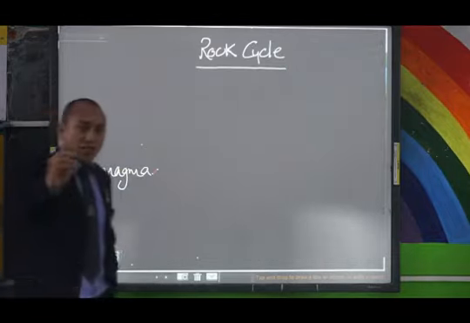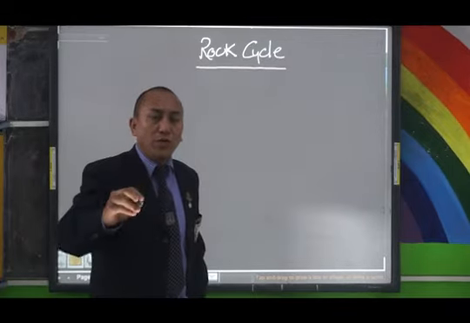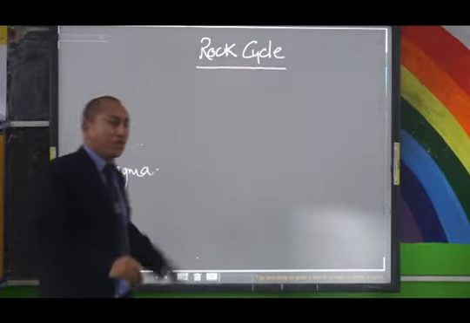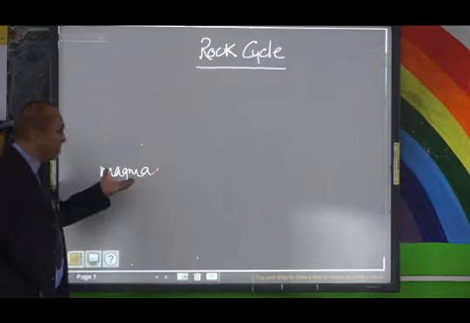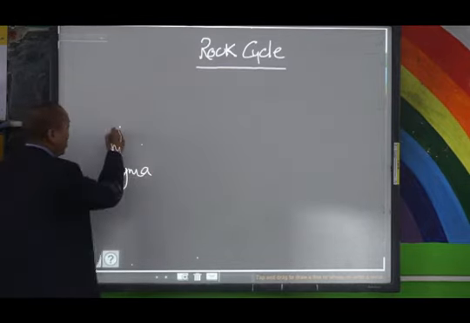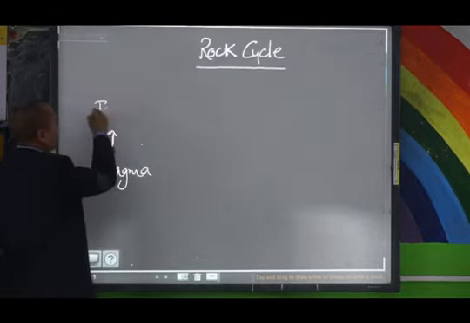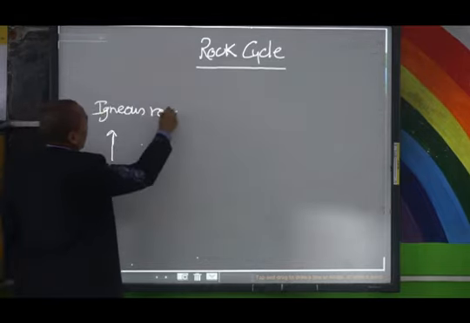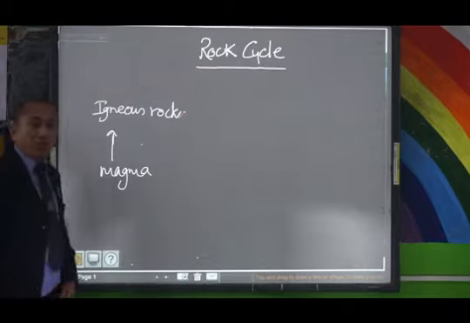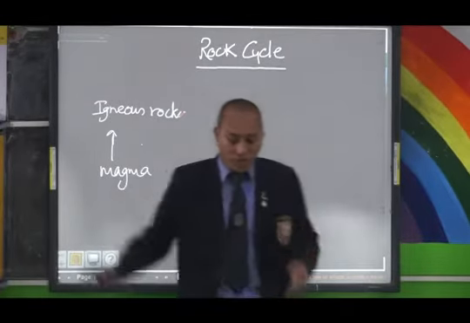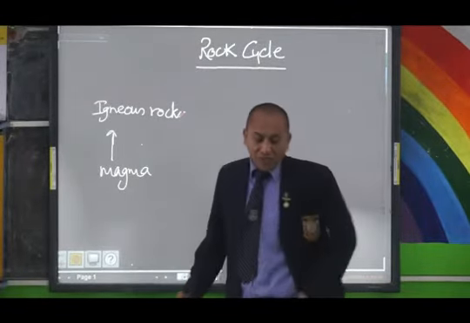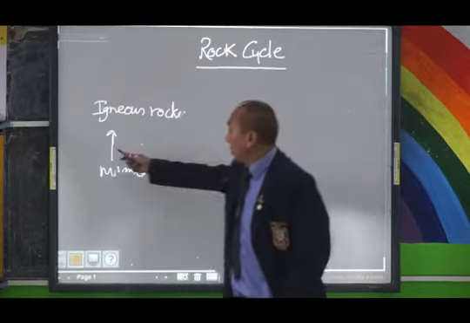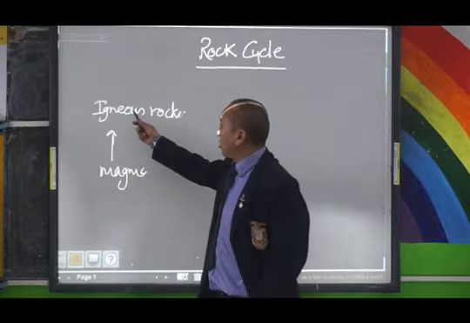Magma, I told you rocks are formed when the molten magma cools down, inside or on the surface of the Earth, and igneous rocks are formed. So when the magma cools down, it results in the formation of what? Igneous rocks. Cooling takes place, igneous rocks are formed.